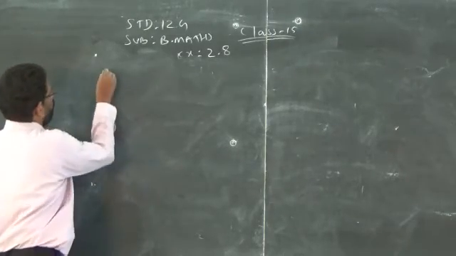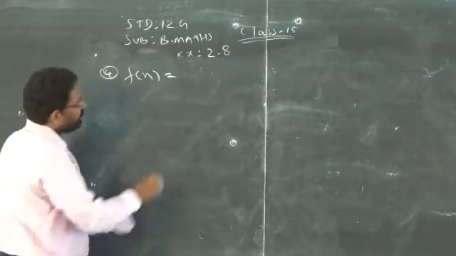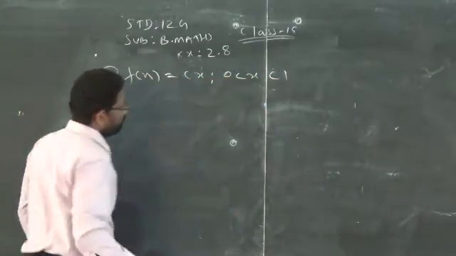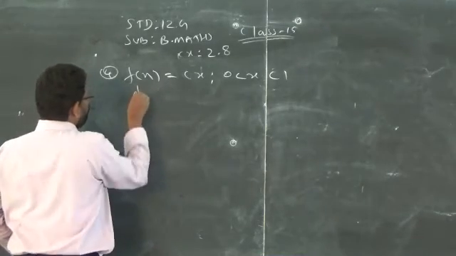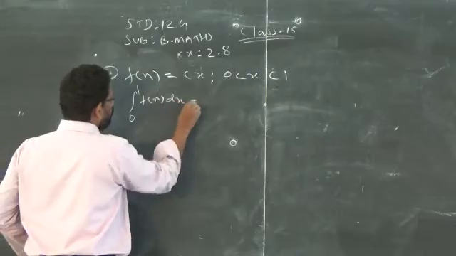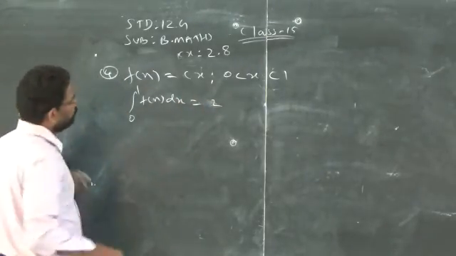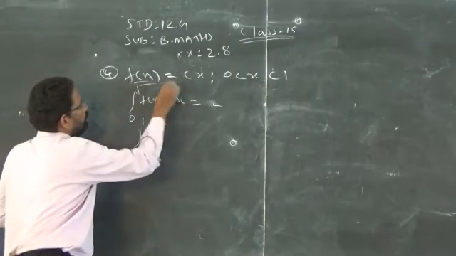Sum number 4. f of x is equal to c x. The limit is given 0 to 1. You are asked to find c, but the integral of f of x dx is given as 2. Very simple. What is our f of x?